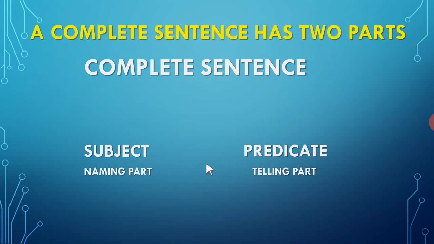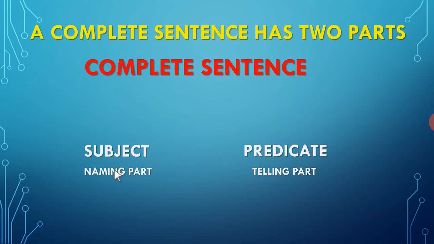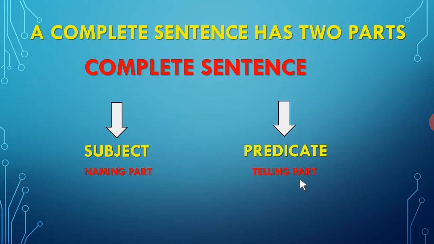One is the subject. The other one is the predicate, children. The subject is called the naming part and the predicate is called the telling part, children. Now let us learn more about it.